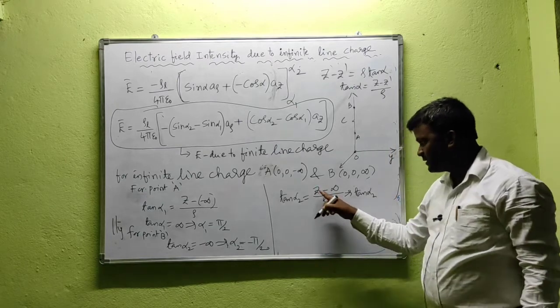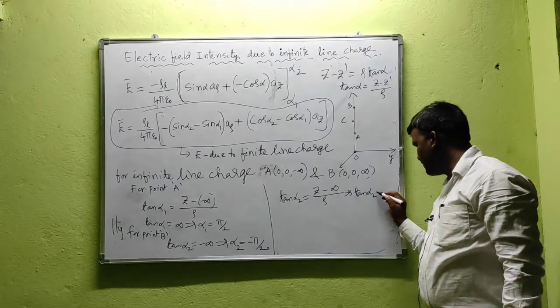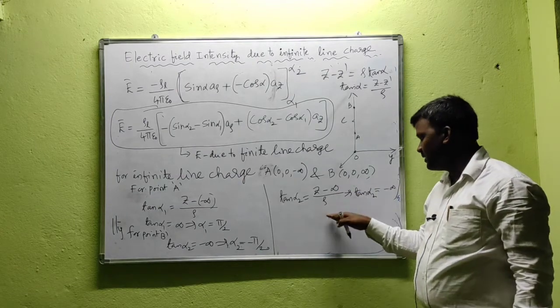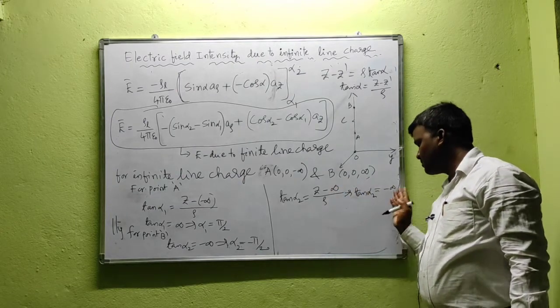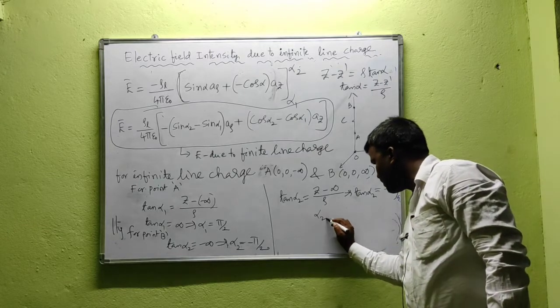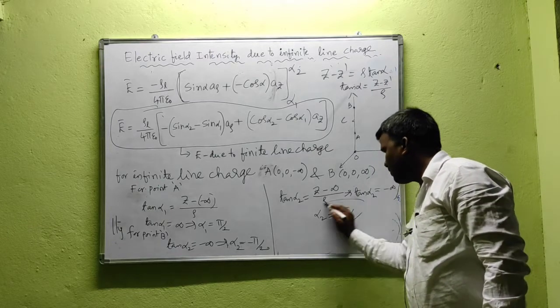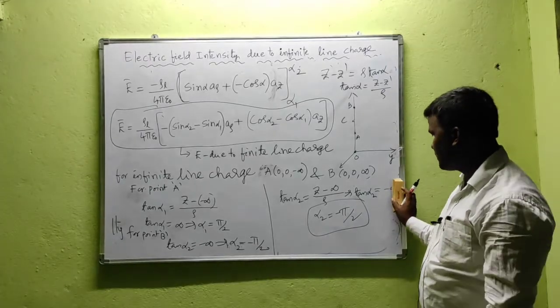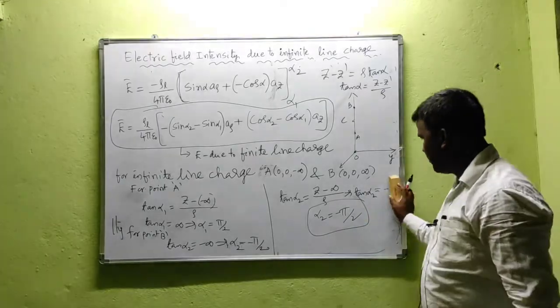Something minus infinity gives minus infinity, and minus infinity by rho, something by infinity, gives infinity. That gives alpha 2 equal to minus pi by 2. Clear? Alpha 1 is pi by 2. From this discussion we have alpha 1 is pi by 2 and alpha 2 is minus pi by 2.